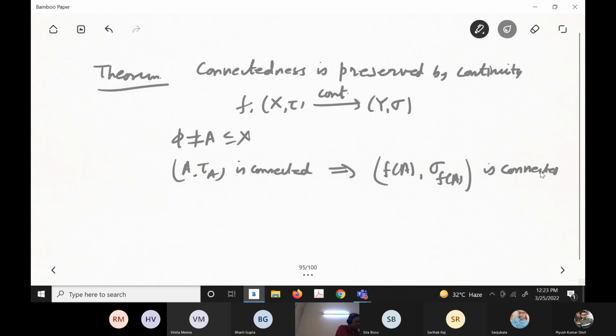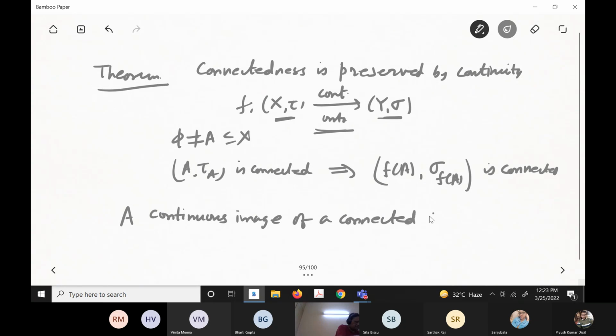So in particular, if (X, tau) is connected, then its continuous image will be connected. That means a continuous image of a connected space is connected.